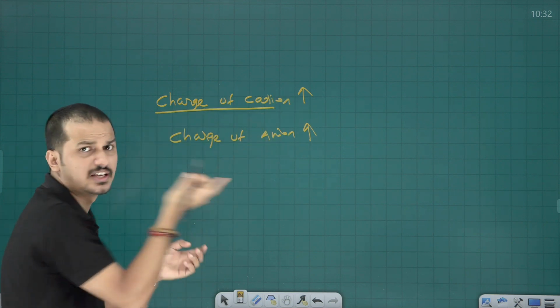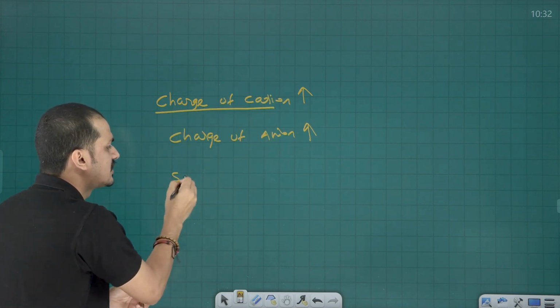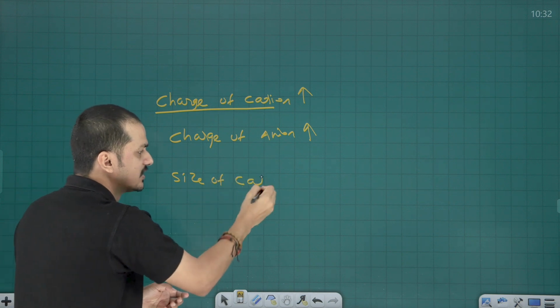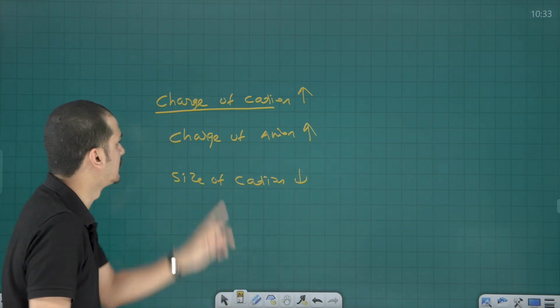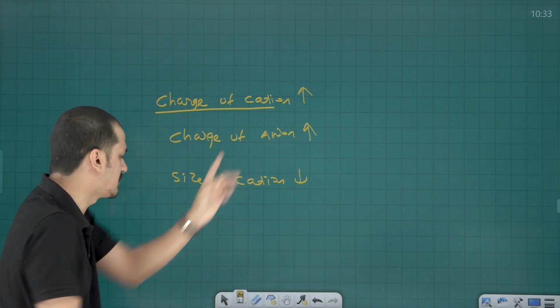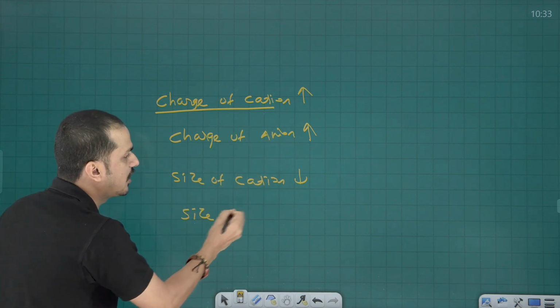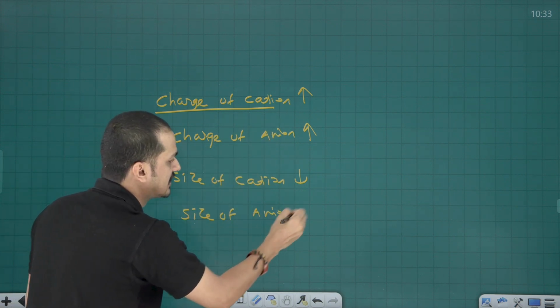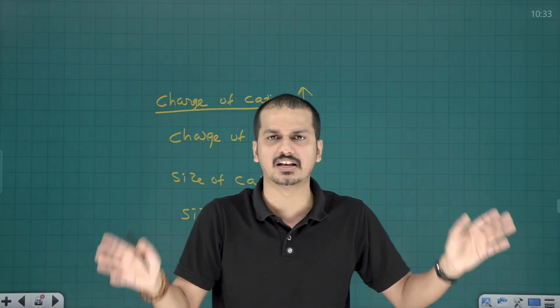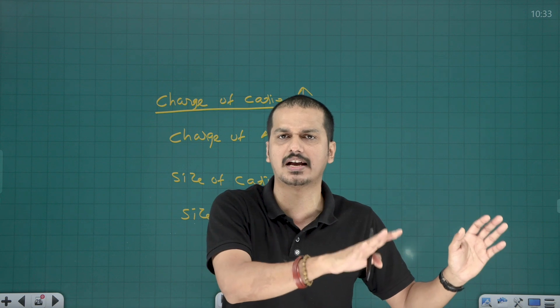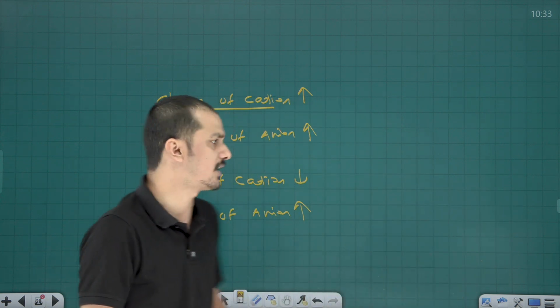And instead of charge of cation increases, we can tell size of cation decreases. Size of cation decreases, polarization increases, covalent character increases. Instead of charge of anion increases, we can tell size of anion increases. Like that we can tell. That related questions will be there. They will ask which molecule has more covalent character, which molecule has less covalent character. Like that they will ask.